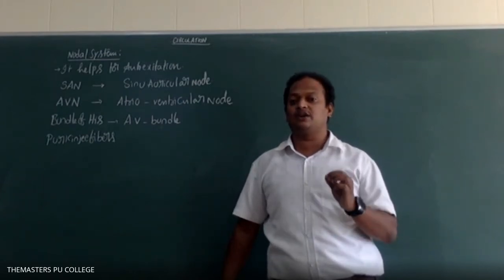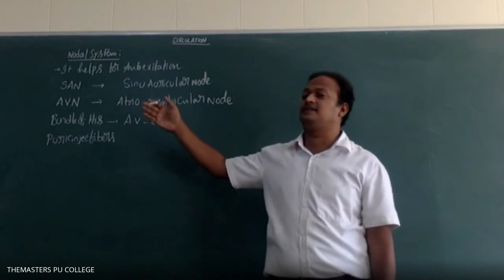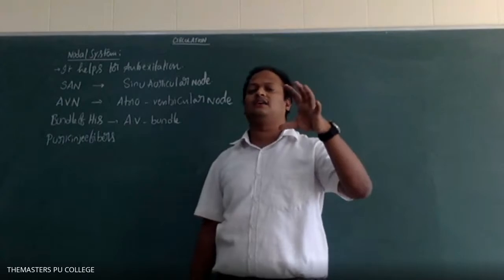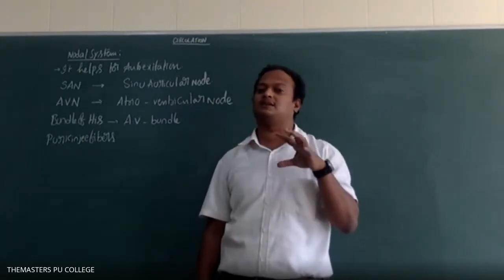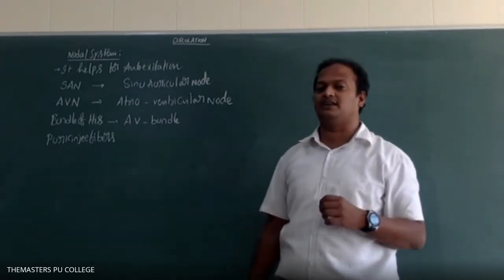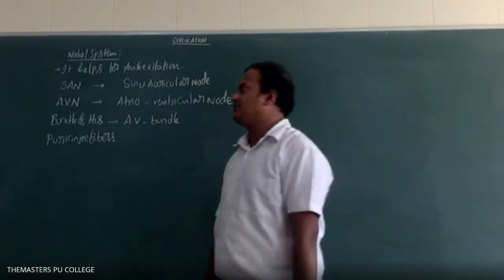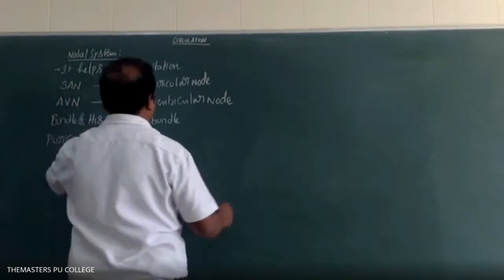Now, what is the location of these different parts of nodal tissue? Yesterday, you learned all the nodal tissue parts are present in one region. Now, they are distributed in different regions of the heart. So, where is the SAN located?